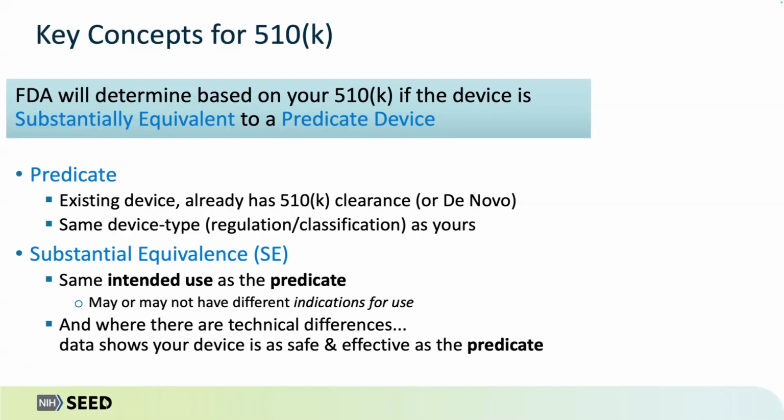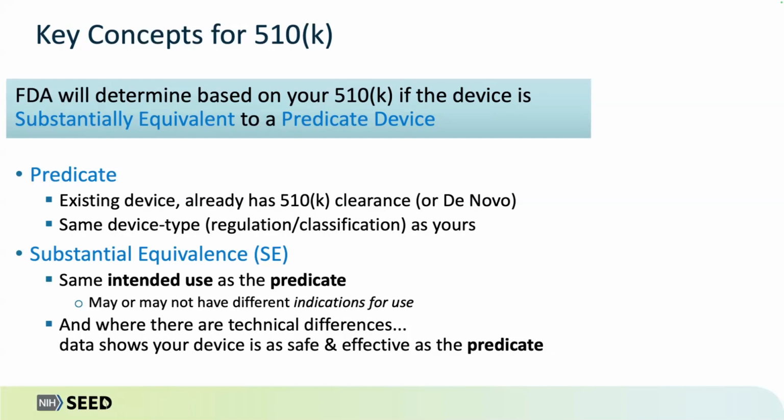The first criteria for substantial equivalence is that the two devices have the same intended use, meaning they essentially do the same thing. There's still flexibility in that they may have a different context for use or indications for use, but the underlying principle of how they're intended to be used must be the same.